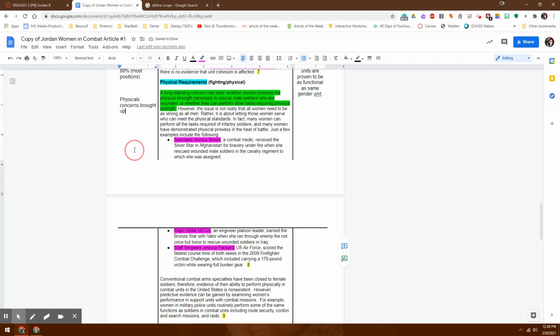Okay, so I'm going to make little exclamation points and make these really big because I feel like this right here is a really important piece to come back to, especially when I'm wanting to argue that yes, women should be in combat positions because we have proven with real women that they have success.